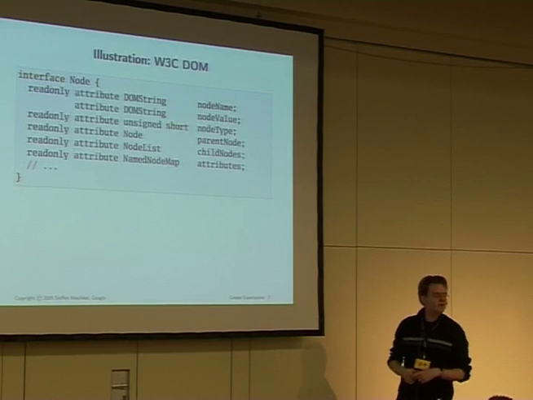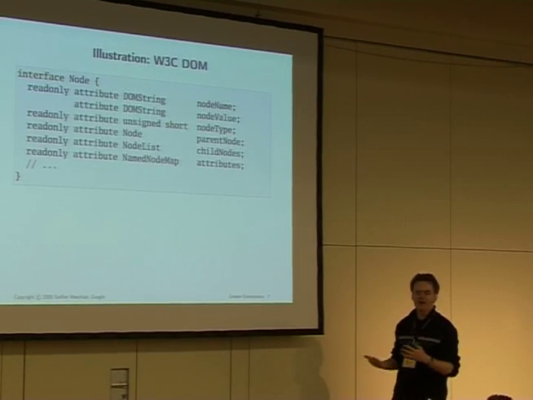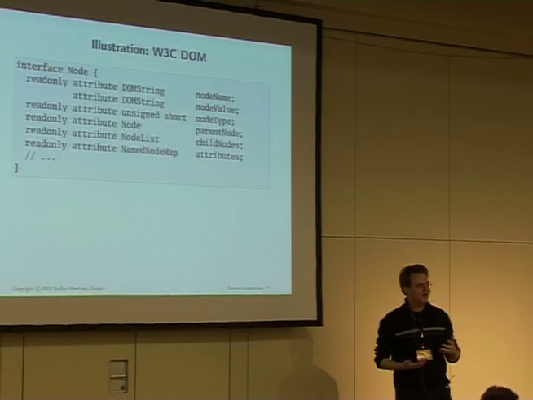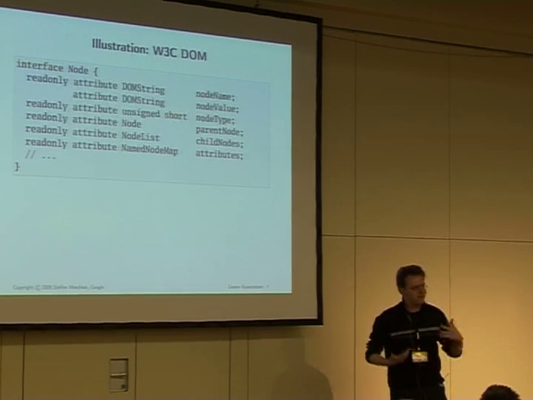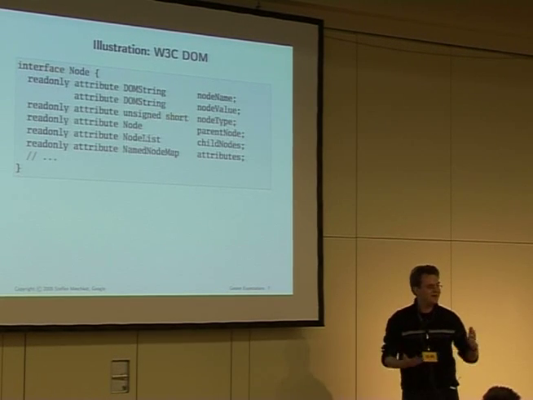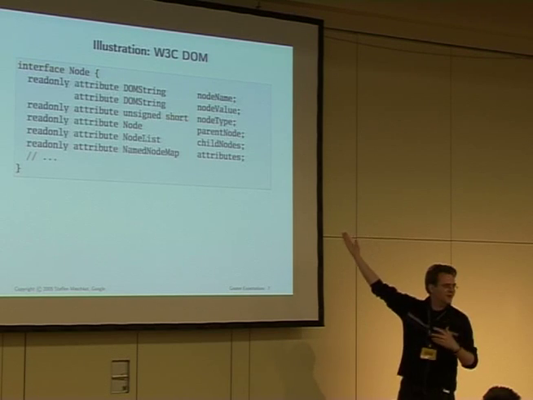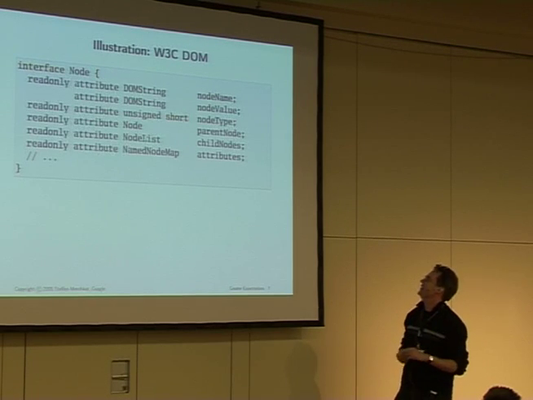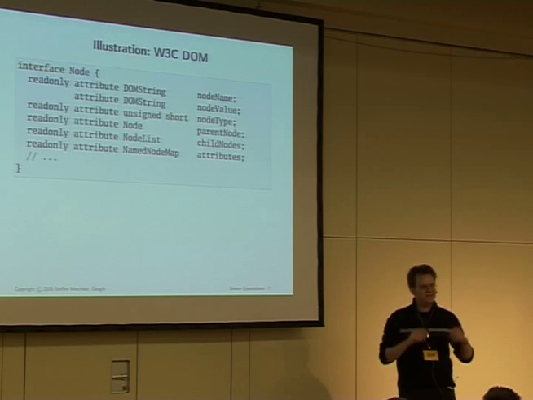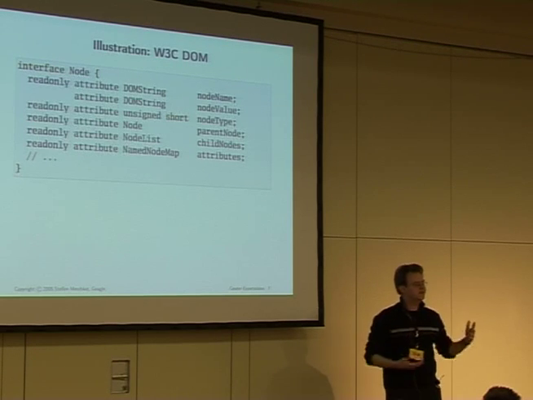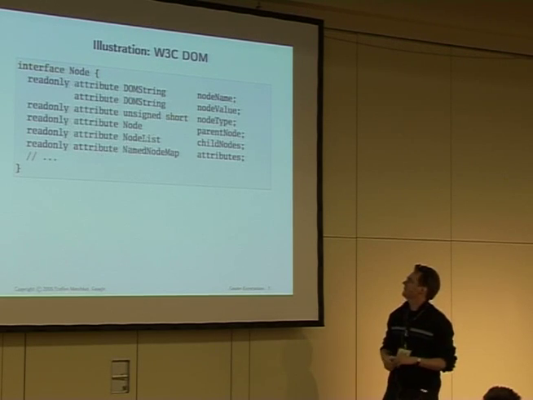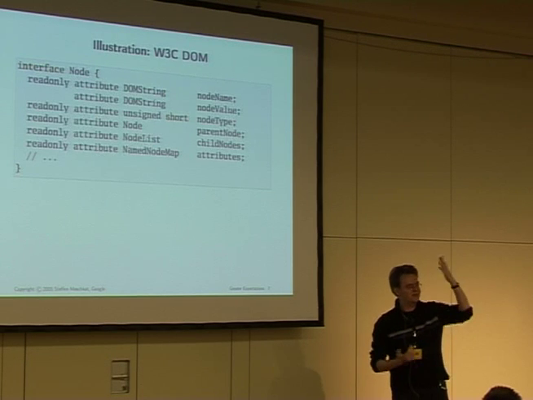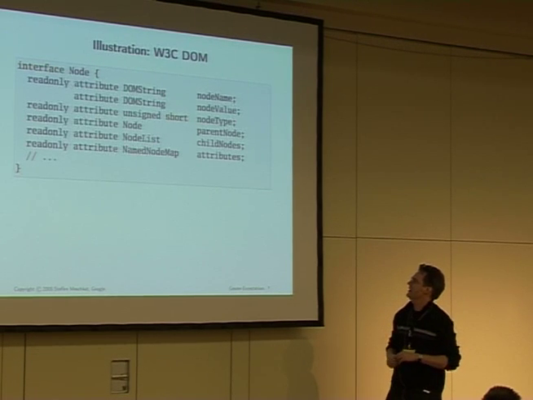Now, since a node has a node name and a node value and a node type, you would perhaps expect a node parent, so that the parent of the node is the node parent. No, however, it is not. It is the parent node. And then, vice versa, a node has children, of course. That's why other nodes have parents. That's the other way of the thing.